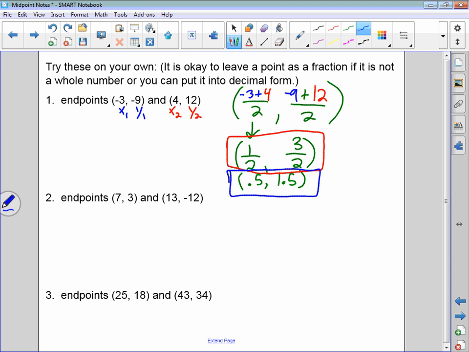Looking here at this next problem, endpoints of 7, 3, and 13, negative 12. We label up x1, y1, and we plug them into our formula.